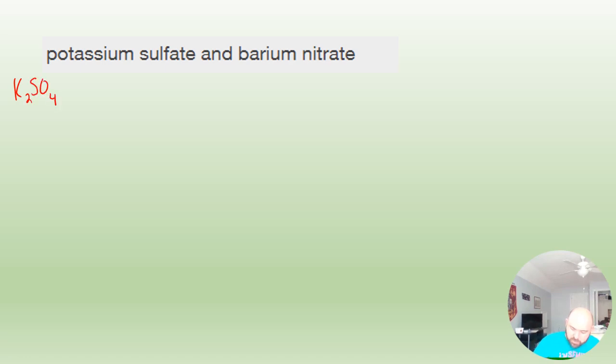K2SO4 plus barium nitrate, which is Ba(NO3)2. So if they react and we form new compounds by rearranging the ions, we would have potassium nitrate, which has the formula KNO3, plus barium sulfate, which is BaSO4.